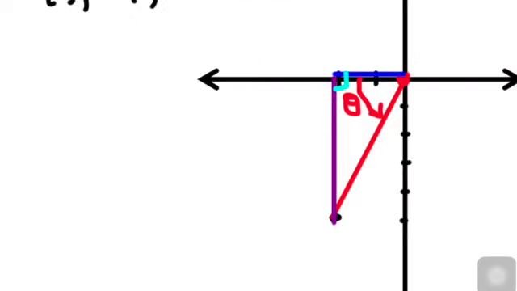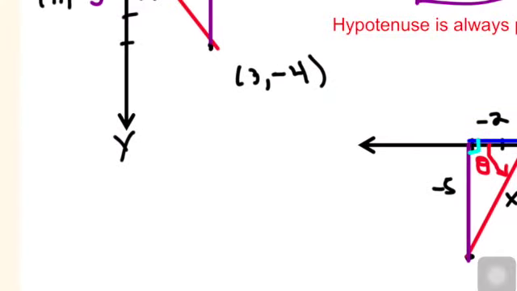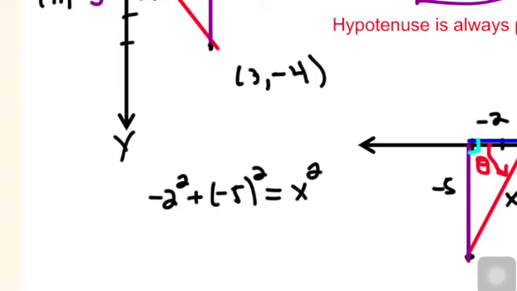Let's go ahead and label the sides, right? We know our sides are going to be -2 and then -5, and now we need to find that hypotenuse x. So let's go ahead and find that hypotenuse. We've got -2 squared plus -5 squared is going to equal x squared.